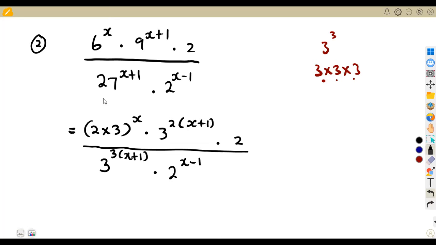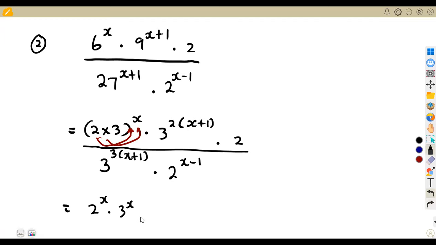Okay, now we are back to the part where we can apply our laws, as long as there are laws that can be applied in terms of these exponents, like this part. Two terms being multiplied, we said each and every number is going to be raised to the exponent of x. So here we are going to have 2 to the exponent of x times 3 to the exponent of x, every term.